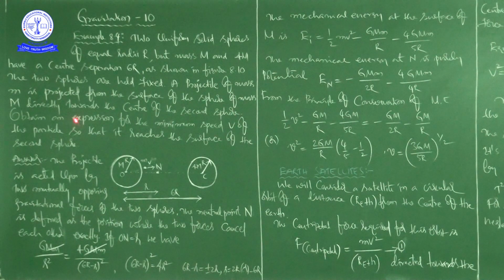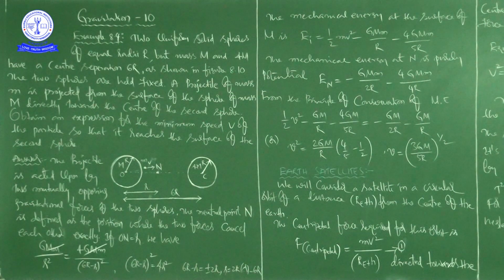I will repeat once again. The two spheres are held fixed. A projectile of mass m is projected from the surface of the sphere of mass capital M directly towards the center of the second sphere. Obtain an expression for the minimum speed v of the particle so that it reaches the surface of the second sphere. Right. So very interesting question here.